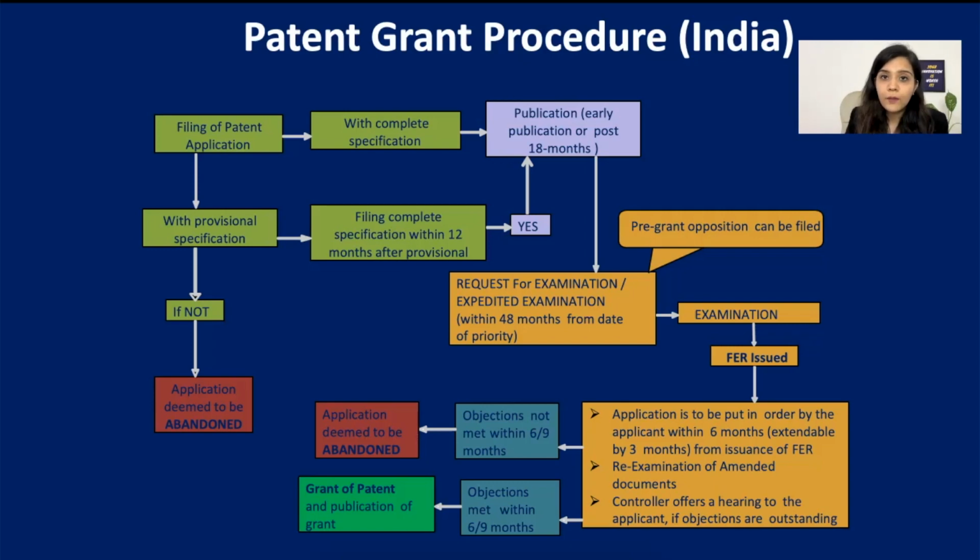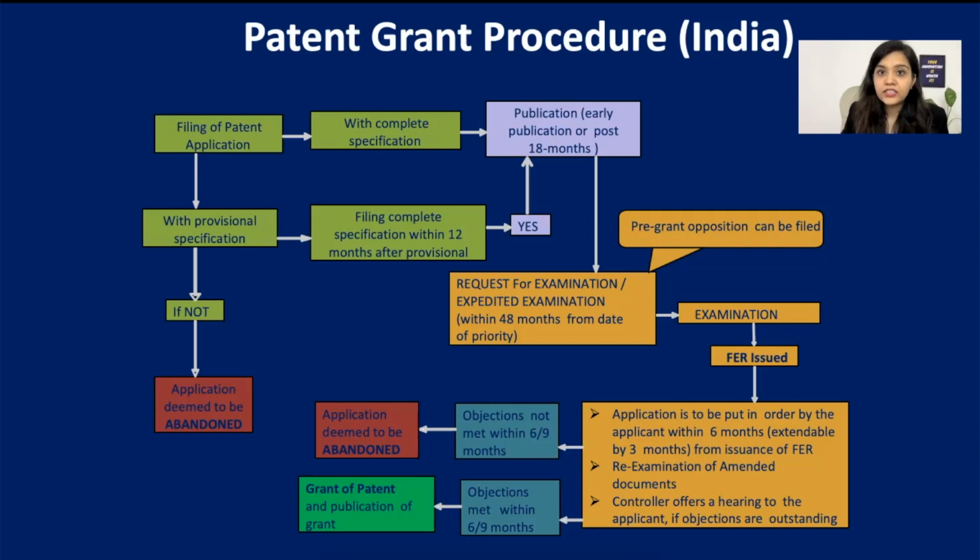So normal examination or express examination happens under form 18, and expedited examination happens in special cases, and we'll study the grounds when we study the provisions. Expedited examination is filed under form 18A. So there are two forms, form 18 and form 18A. 18 is for normal or express, and 18A is for expedited.